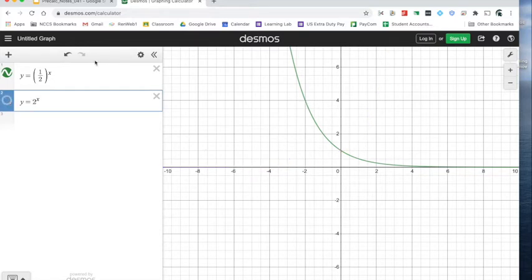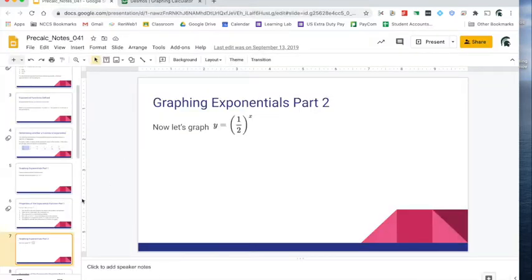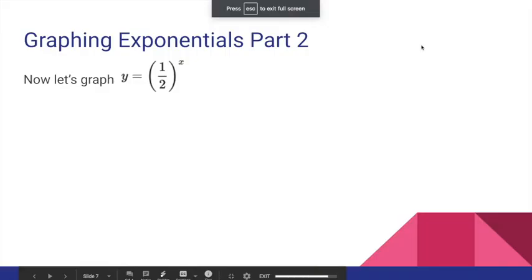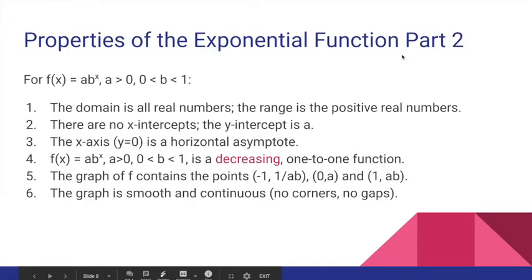All right, so let's look at those properties for graphs where our b value is less than 1. Okay, so our b is this time between 0 and 1. And notice that all of these properties are the same except this one right here.